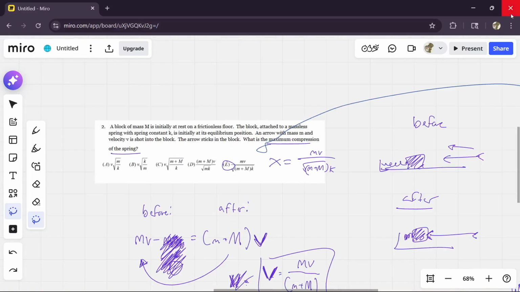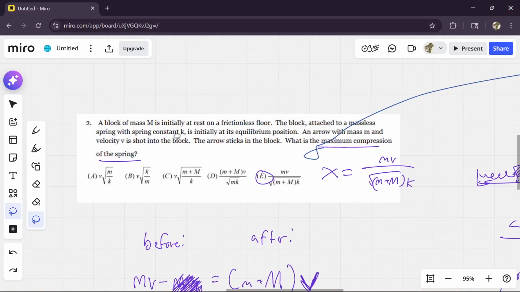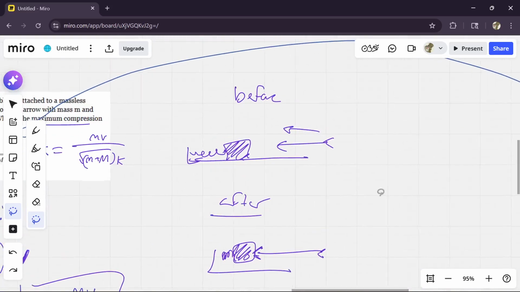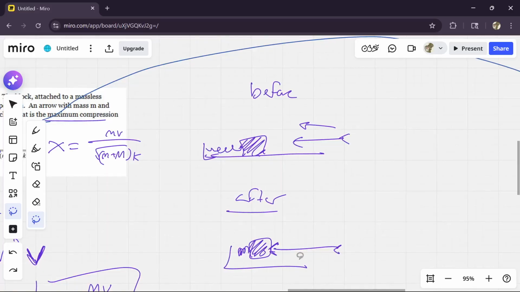Essentially, how you solve this is by looking at it. You have to acknowledge that there are two time periods we have to consider: before the block is hit by the arrow and after the block is hit by the arrow. Because it's a frictionless floor, none of the momentum is being transferred into the floor through friction, for example. All of the momentum from the before, the after is being saved.